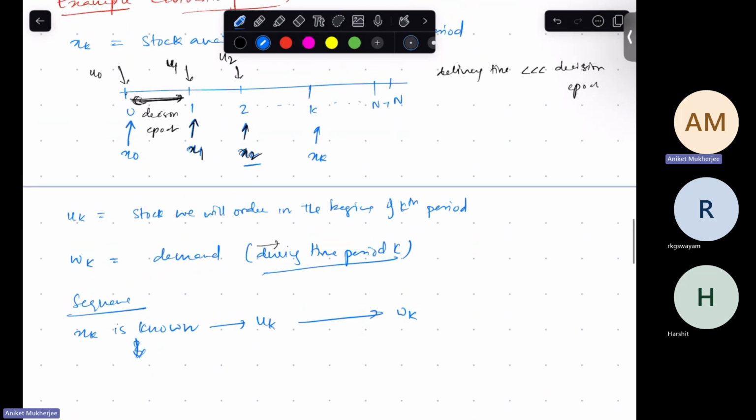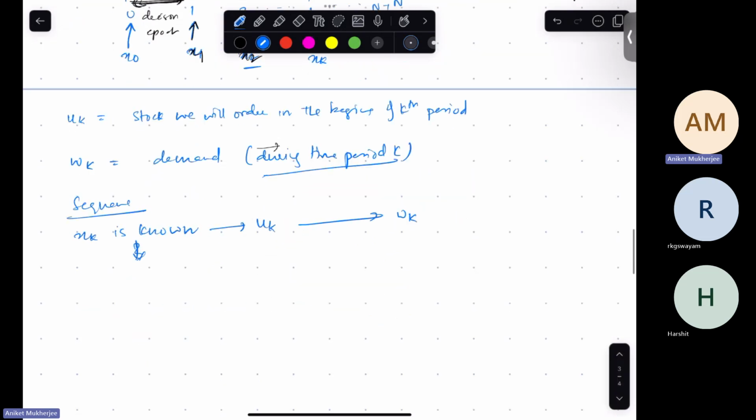So could you tell me what the dynamics of the system would be? What would xk plus 1 be in terms of xk, uk, wk? Okay, so xk plus 1 would be xk, the amount you had the previous time, plus uk, since you have ordered uk amount of stock, minus wk. wk people have come and taken away that much stock.